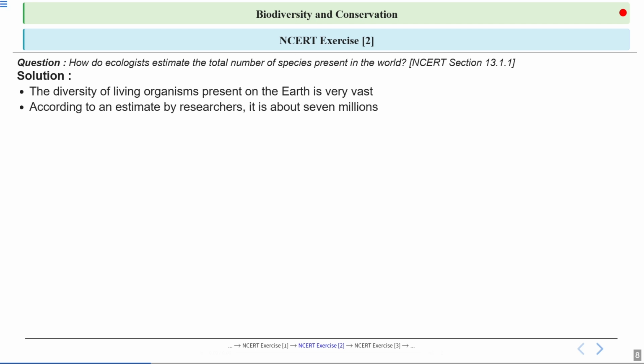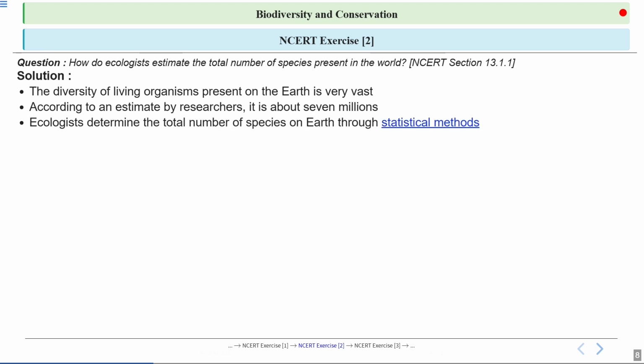According to the estimate by researchers, it is about 7 million, which refers to the approximate number of species that may exist on Earth. Though this number is an educated guess and can vary based on different studies and methods used to estimate biodiversity.